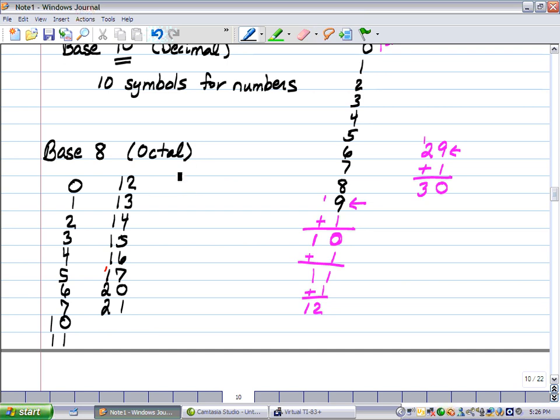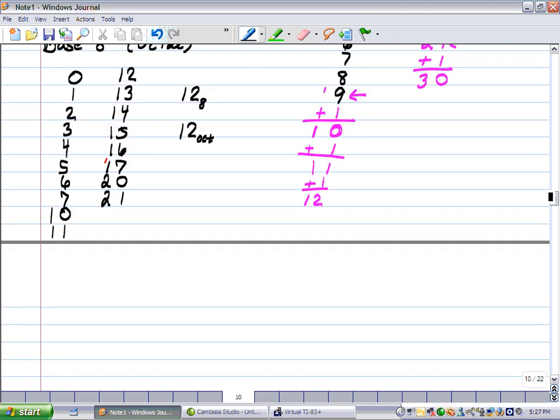Often to indicate that a number is in base 8, we will put a little 8 below here, or sometimes we'll put a little OCT for octal. That would mean we're in base 8. If it's understood that we're in base 8, we know that's what we're talking about, then we might not write that down there. Well, let's look at some other numbers in base 8.